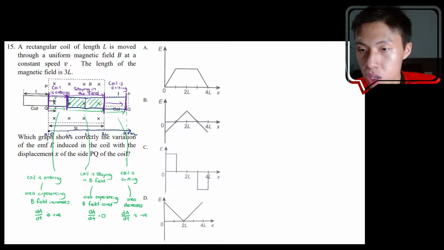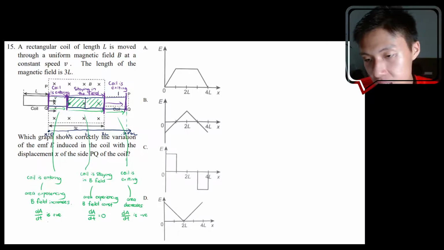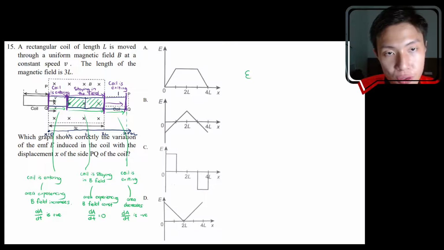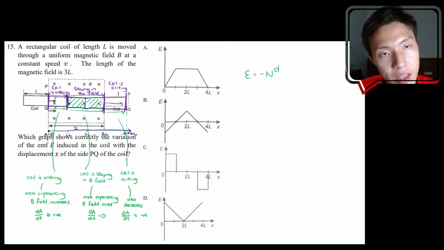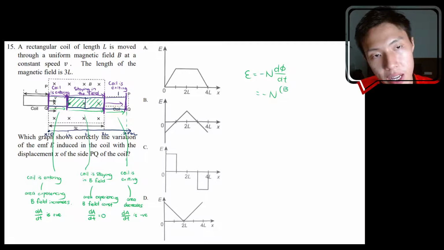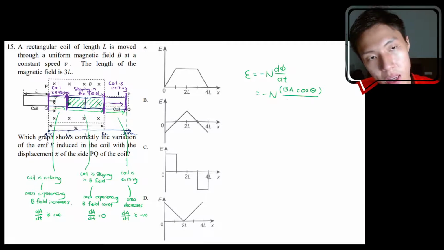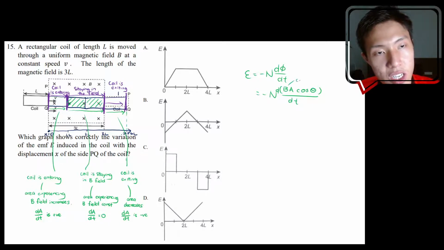Okay, so right now, I'll need to show Faraday's law first. So epsilon equals N dΦ over dt. The Φ can open it up, become NBA cos θ. B is not changing, it's constant because you are not making the magnetic field stronger or weaker.